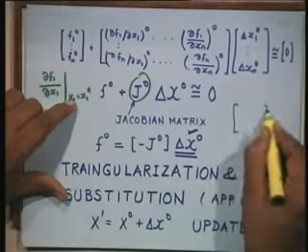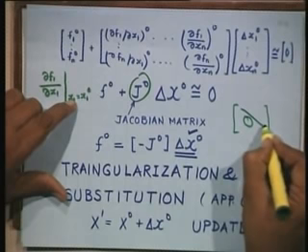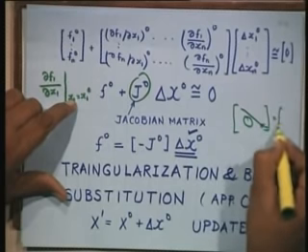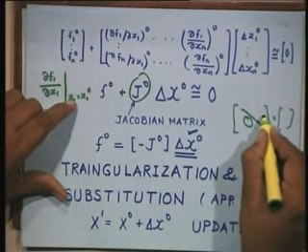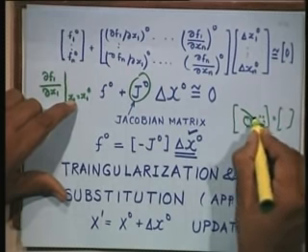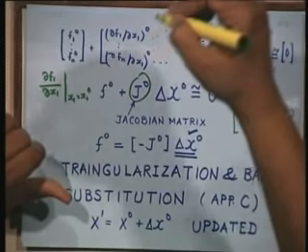However, all of you may be aware, if you have done your numerical analysis course, there is a method called triangularization and back substitution. It only means you have to create all 0 and then xn can be immediately found out, substitute xn here, find out xn minus 1, substitute xn minus 1, find out xn minus 2, back substitution.